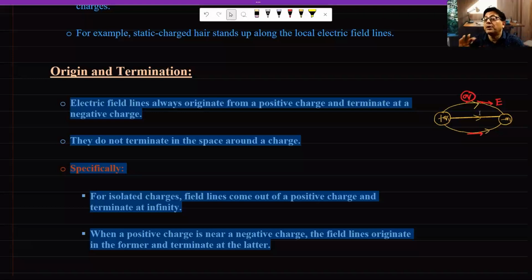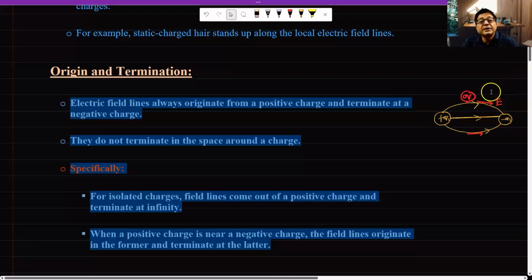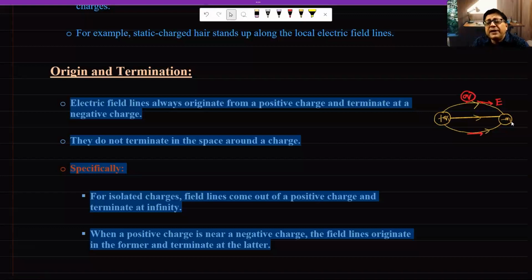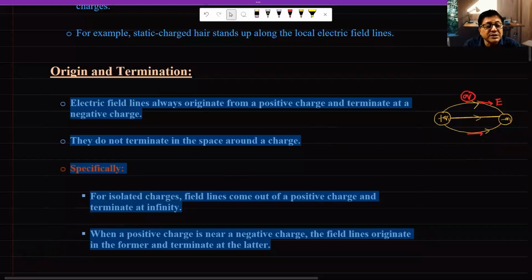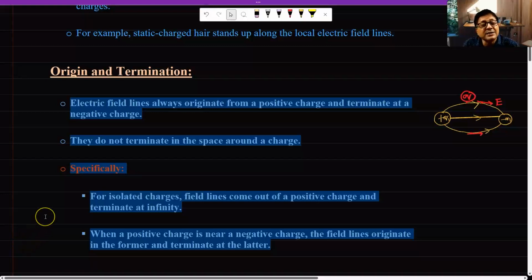This is one of the properties of electric charges: similar charges repel, dissimilar charges attract. So if they attract, they have a tendency to come close towards each other, so the length of electric field lines is going to be decreased. This is the concept.